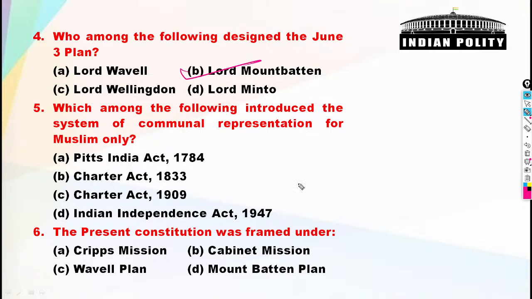Which among the following introduced the system of communal representation for Muslims only? We have discussed this today. So the answer will be 1909.